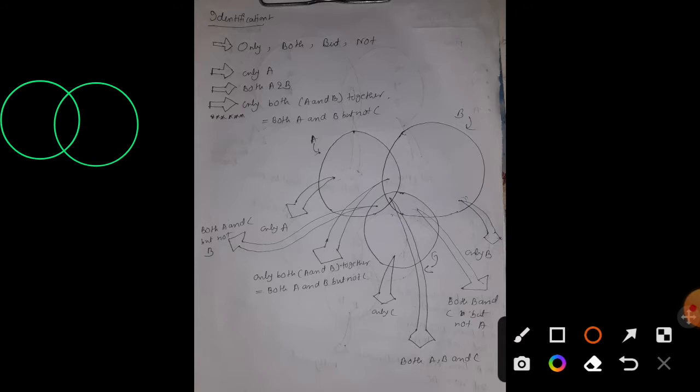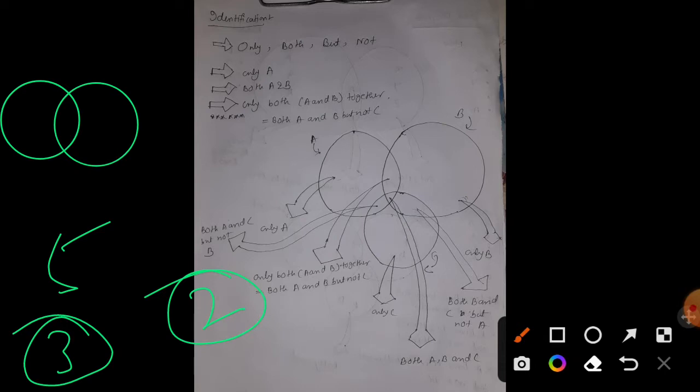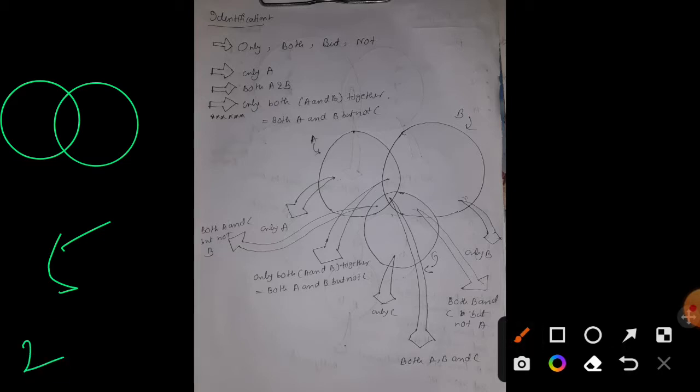So let's take 5 students who love football, and among them 2 are Lionel Messi lovers and 2 are Cristiano Ronaldo lovers, and 1 is both a Cristiano Ronaldo and Lionel Messi lover. So this is our statement, and we have to present this information with the help of a Venn diagram.